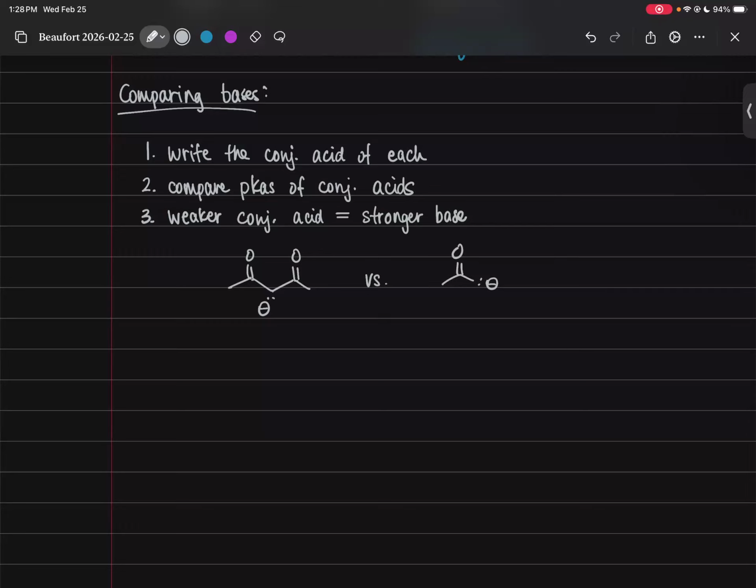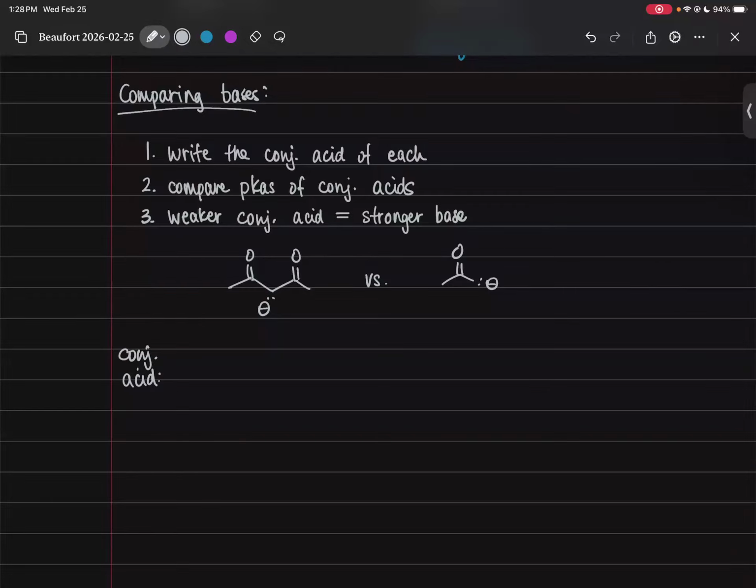Okay, so comparing these 2 bases. First, we need to write the conjugate acid of each one. And so we'll do this by, well, a base is a proton acceptor.